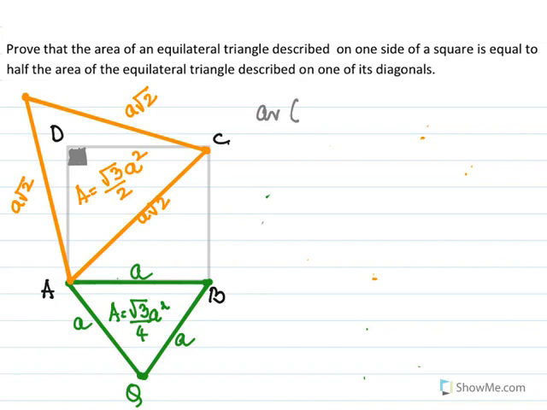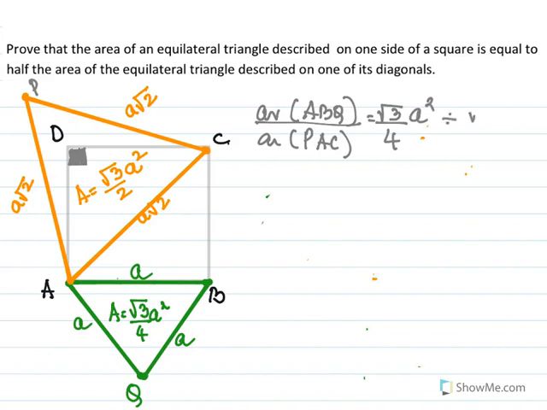So area on the side, that is ABQ, over area PAC will be root 3 by 4 A square divided by root 3 by 2 A square.